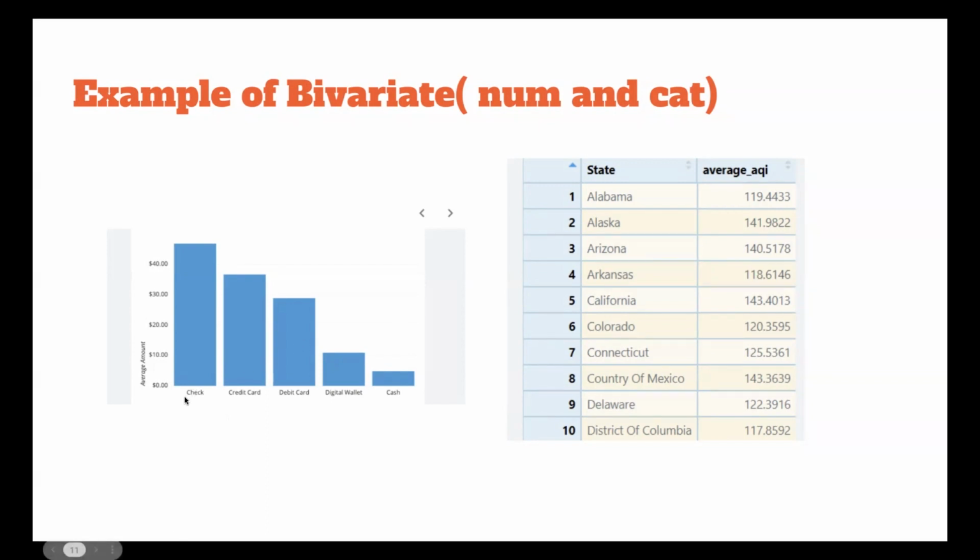So you have Alaska first, and the bar is probably going to be around here, and Alabama will be next, and things like that. So you see how it works when you run a bivariate bar chart, and this is a very common analysis that you would run. You would run a bar chart where you have a numerical data and a categorical data.